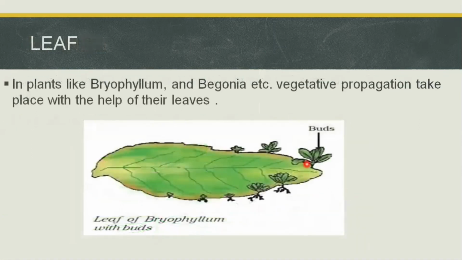Now, what about the leaf? The vegetative part leaf is also used for vegetative propagation. Suppose we take the example of plants like bryophyllum and begonia. Vegetative propagation in these plants takes place with the help of their leaves. See, such types of leaves are there in bryophyllum and begonia.